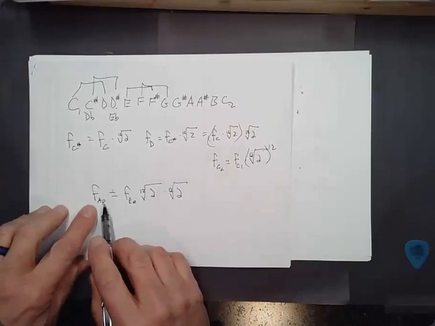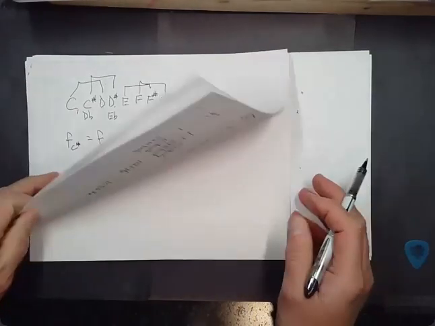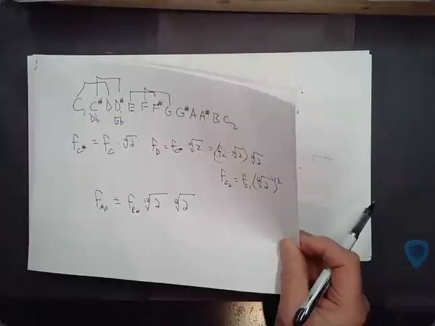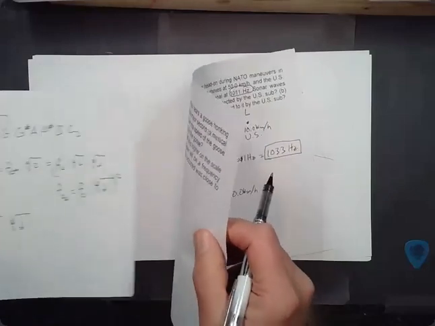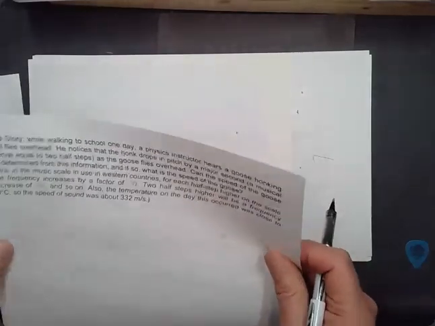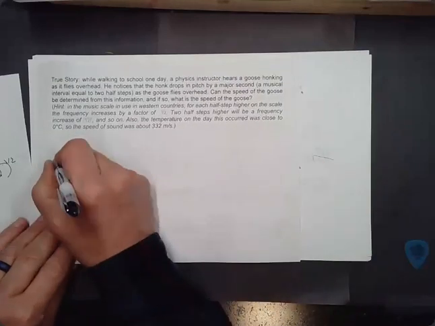Well, the frequency approaching, we had the goose moving toward us. So let's use our formula. Let's see. There's the formula. Let's use this and apply it to this particular problem.